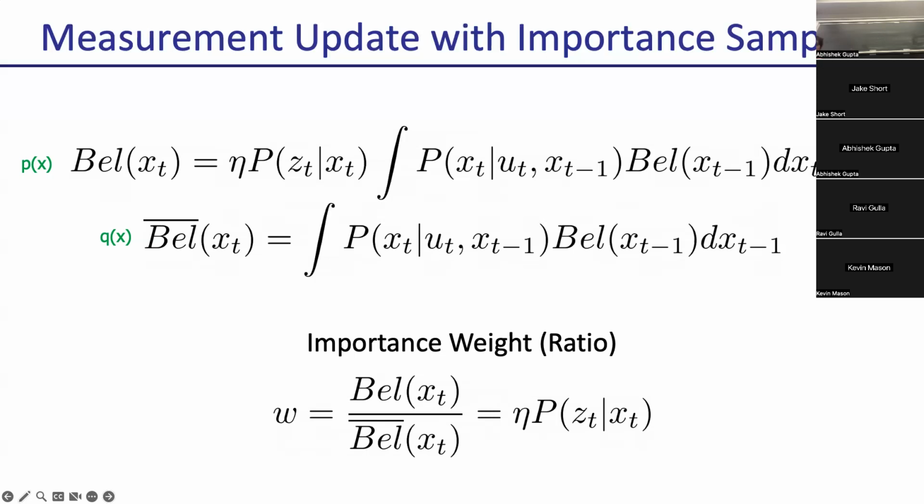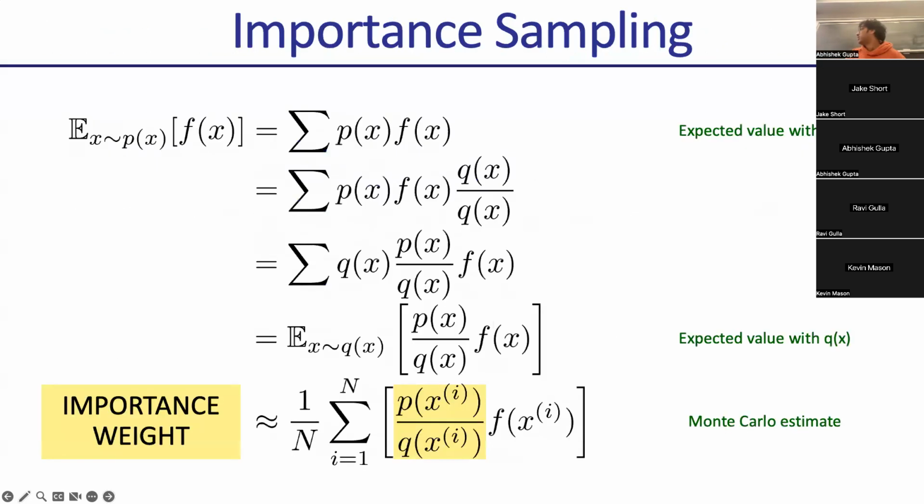So just like the importance sampling derivation over here, to compute the average under P, you take the average under Q and just multiply by the weight. That's what we did here. We said the expectation under P is the expectation under Q multiplied by some weight.